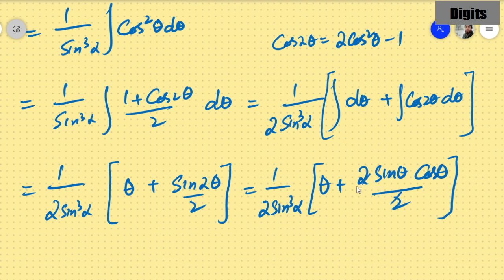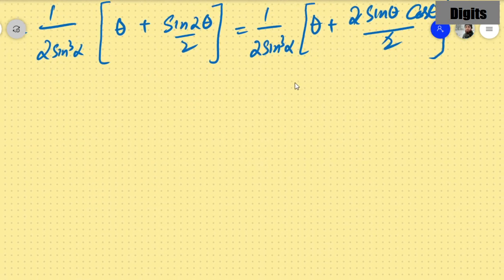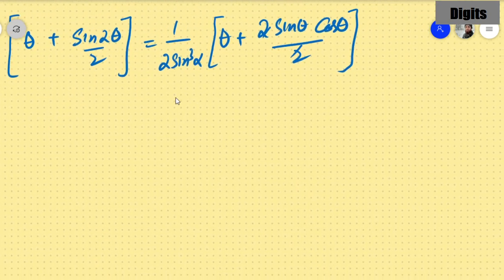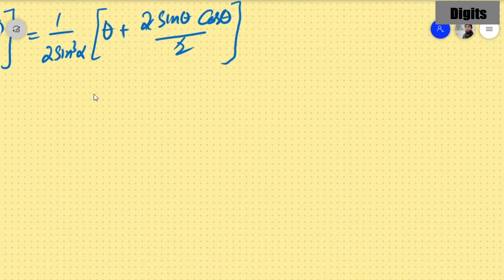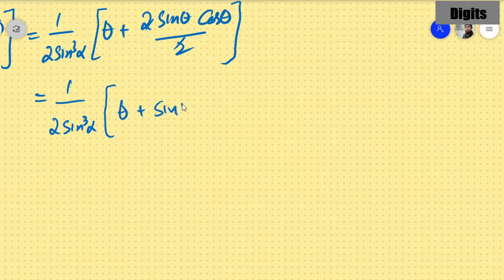This 2 and this 2 will cancel out, and we will rewrite it as, now note down, it will be equal to 1 by 2 times sine cube alpha theta plus sine theta cos theta.